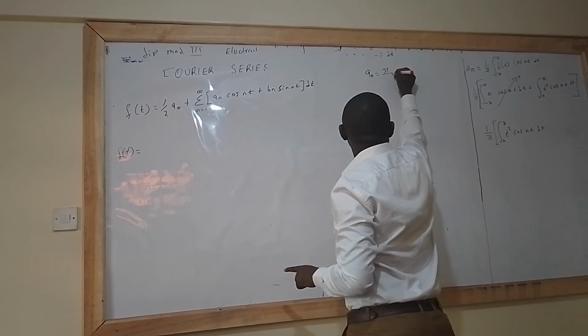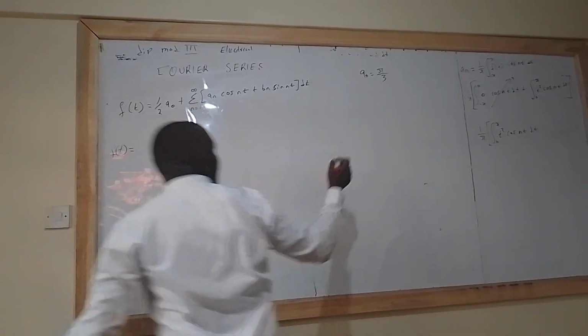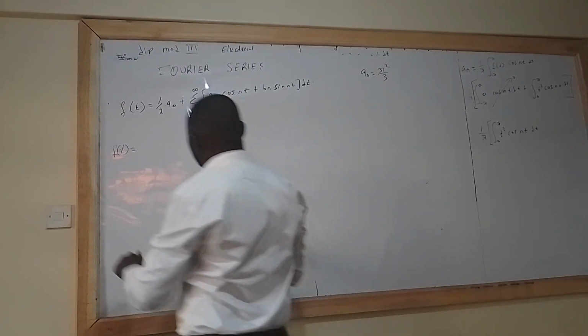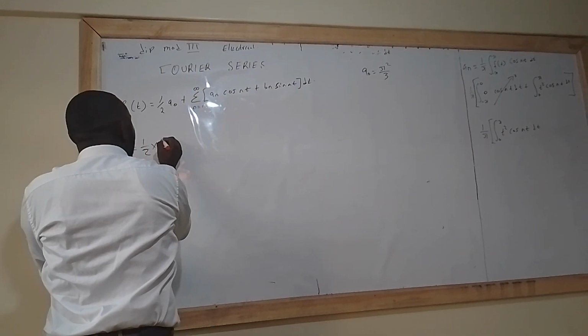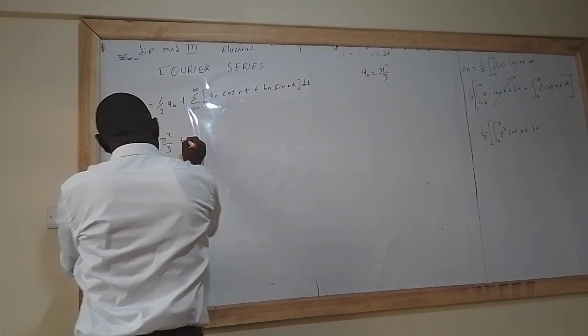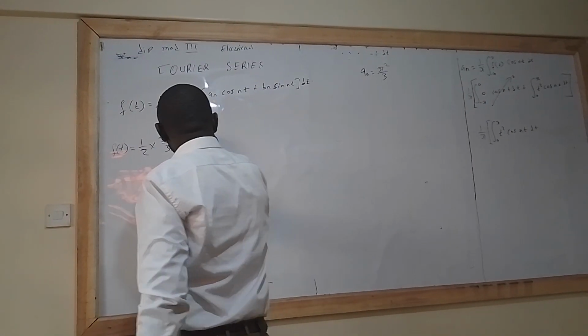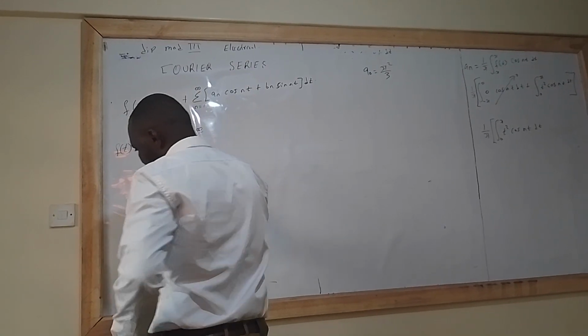Pi over 3. Pi over 3. But this was squared. So I will have 1 over pi, 1 over 2 times pi squared over 3, this one, plus the summation of n is equal to 1 to infinity. Open the bracket.